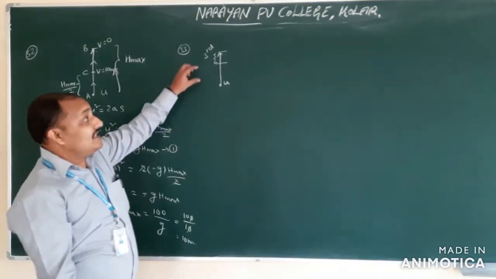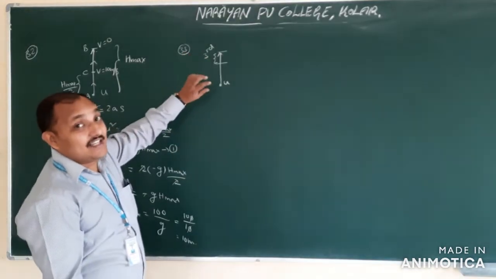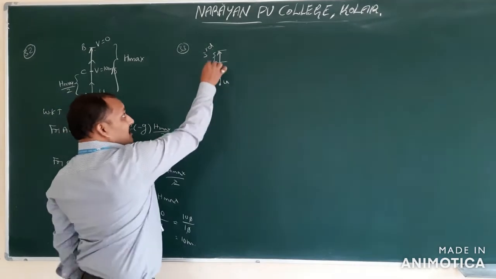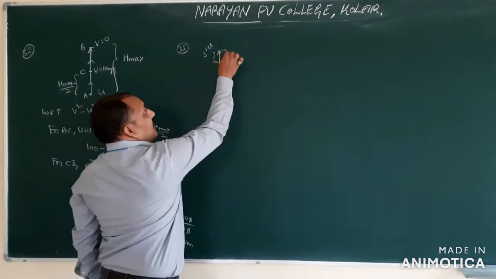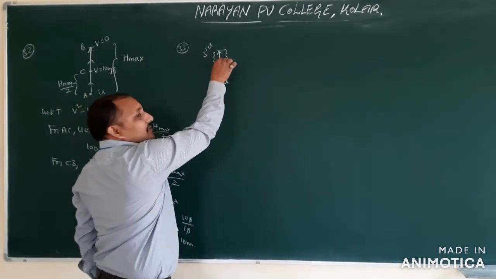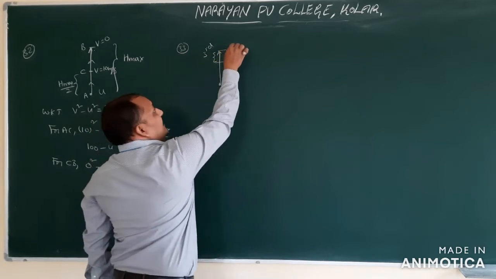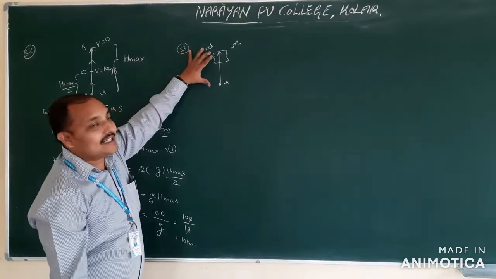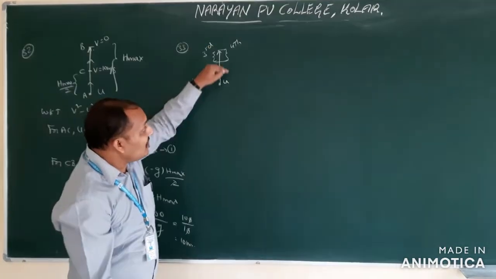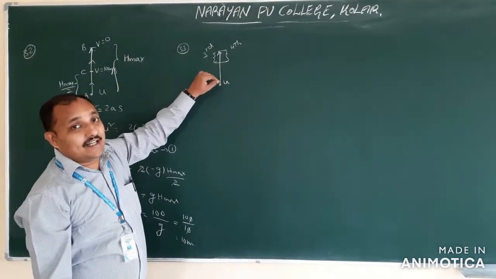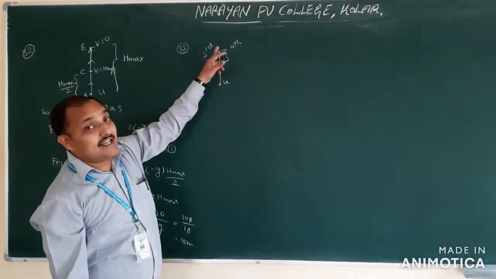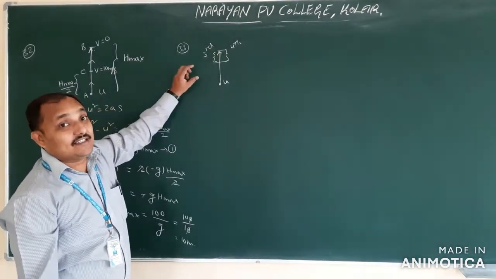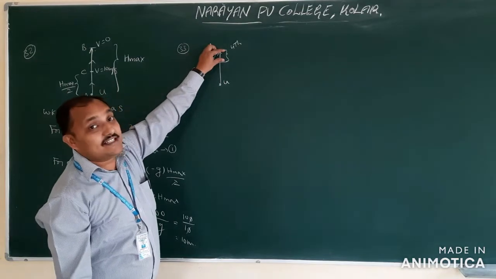So distance covered in 3rd second. Again after reaching here it is coming downwards. So therefore this second will be 4th second. So to take upwards total time is 3 seconds. To come downwards total time is 3 seconds. Isn't it? So how much time it is in A means total is 6 seconds. In that 3rd and 4th second distance are equal.